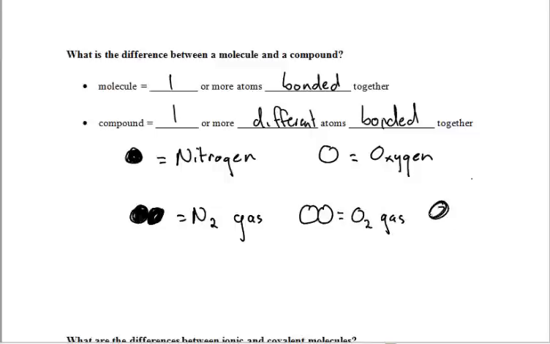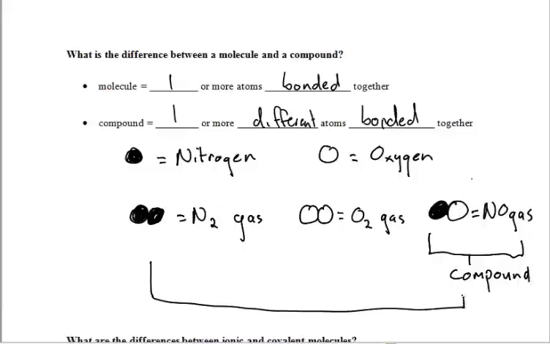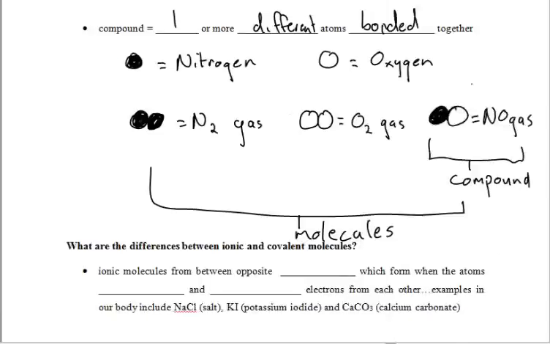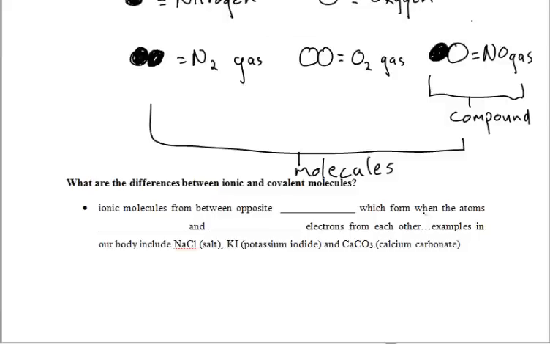Or we could have a nitrogen bonded to an oxygen to equal NO gas. And in this case, only this would represent a compound, whereas all of them, because they're made up of 2 or more atoms, would represent molecules. So you could say all compounds are molecules, but not all molecules are compounds.